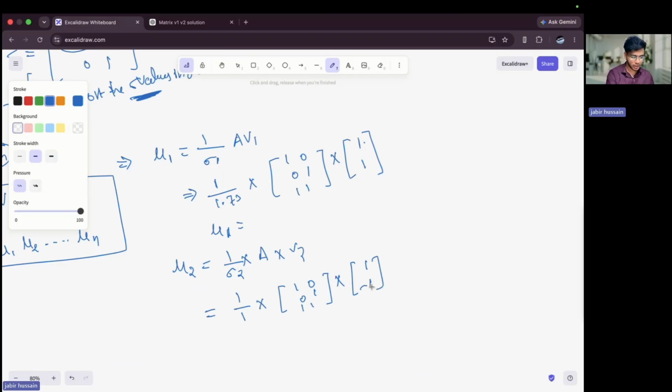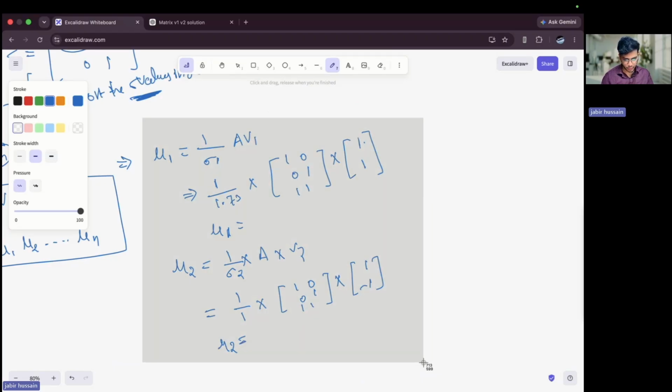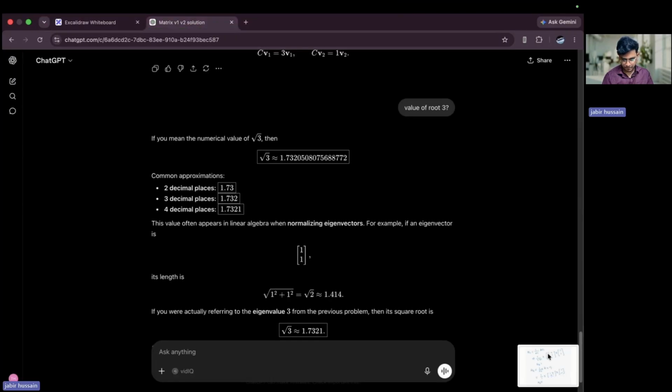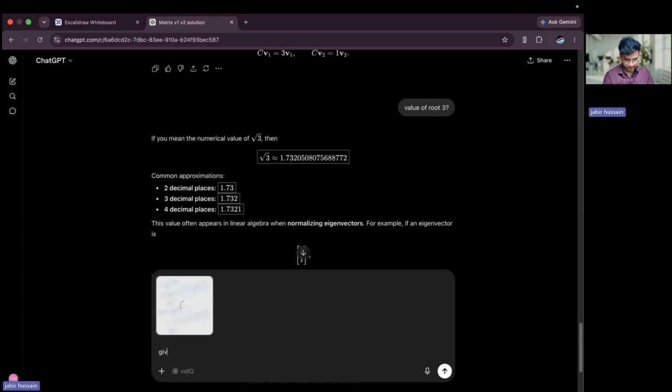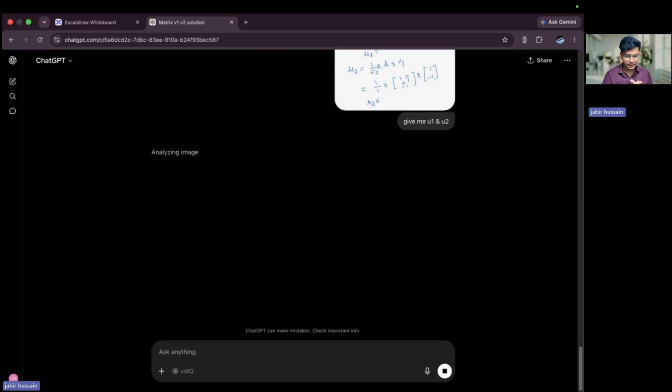So let's see what is u1 and u2. Give me u1 and u2. You can do the calculations. It's a lot of multiplication and stuff, so I don't want to do that.